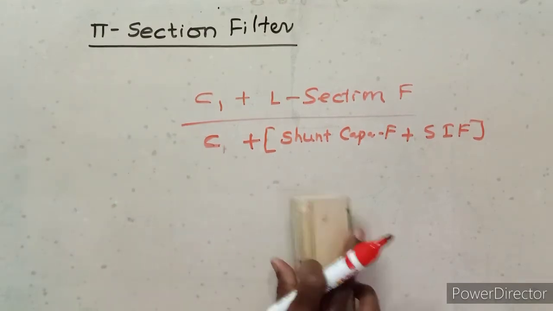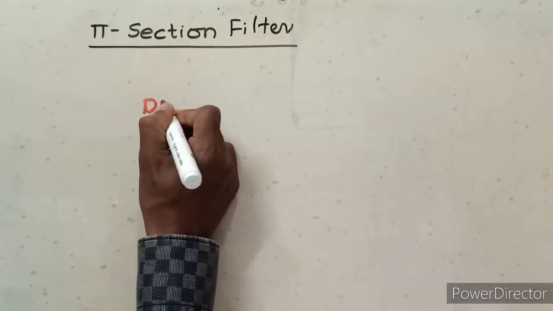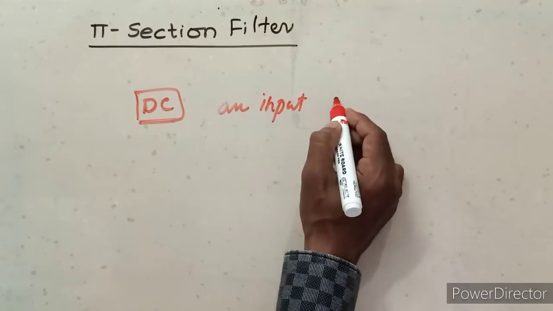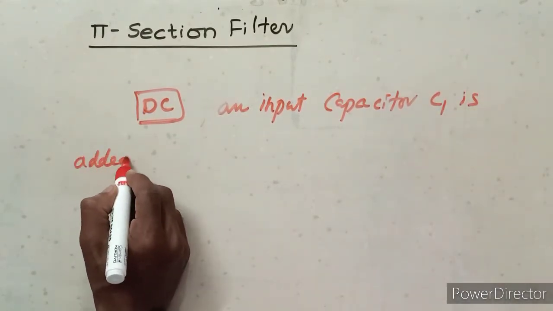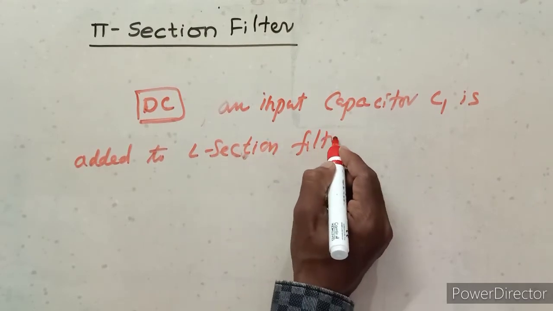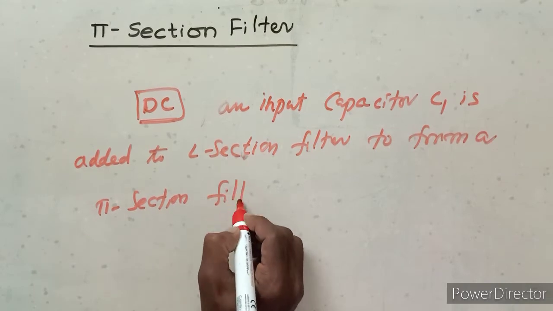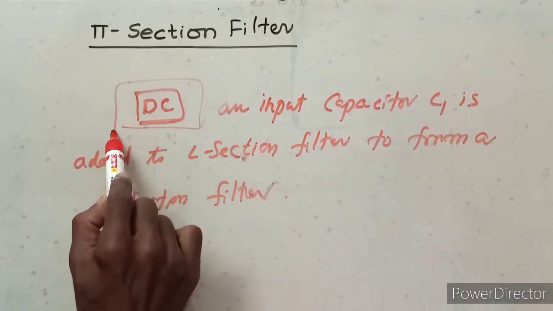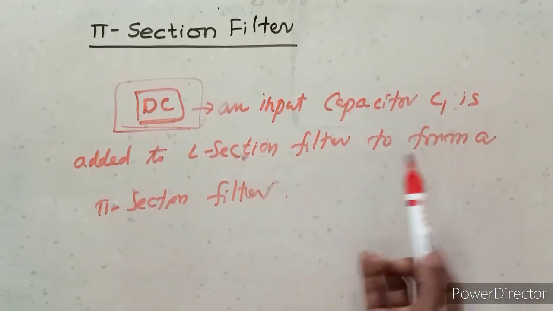When a higher DC output voltage at the load is required, an input capacitor C1 is added to the L-section filter to form a pi-section filter.